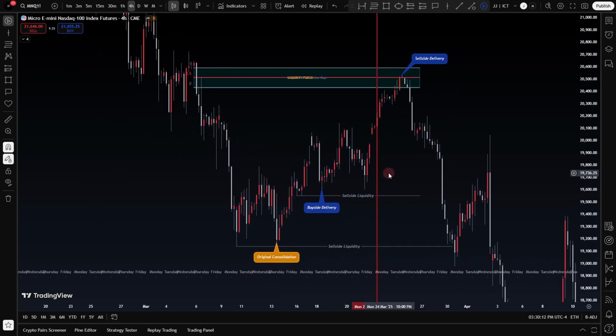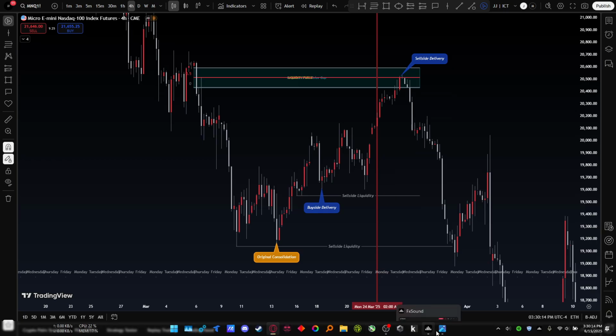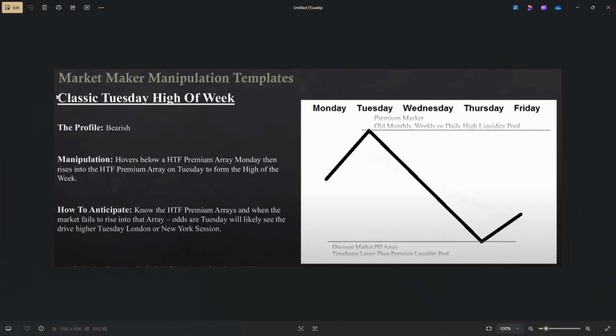So if we look at our manipulation templates real quick, we can expect a classic Tuesday high of the week to form, because since we're on Monday and we're reaching a PD array or some sort of reference point, we can expect Monday and Tuesday to rally higher as manipulation, continuing the buy side delivery for that market maker sell model, to then reverse around Wednesday and continue lower to deliver the sell side delivery of that market maker sell model.